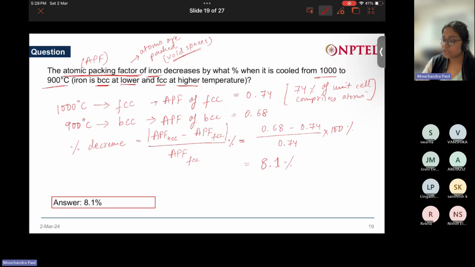What does this value tell you? It tells you that 8.1% fewer atoms will now fit in because the structure has become BCC, body centered. It means fewer atoms are now present in a unit cell. How much fewer? 8.1%.